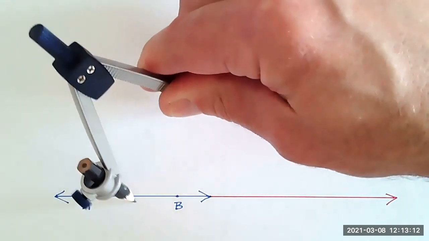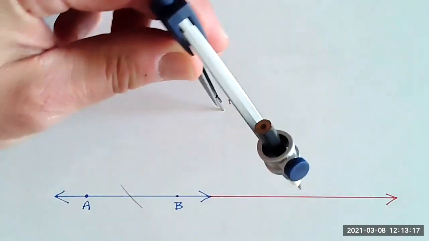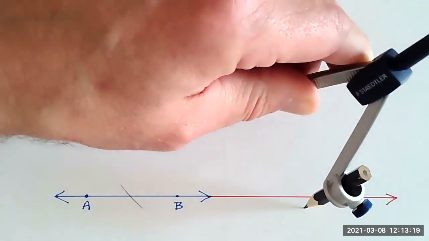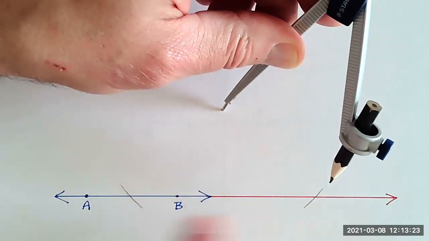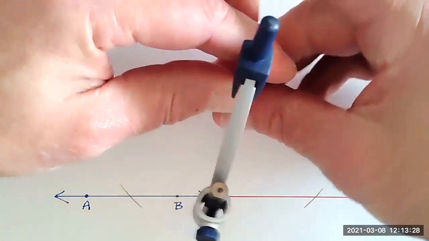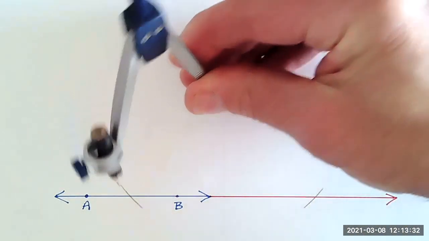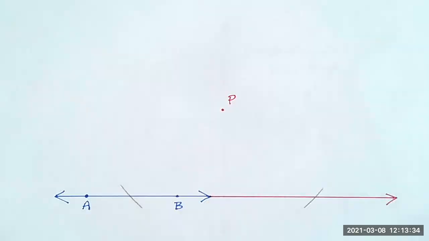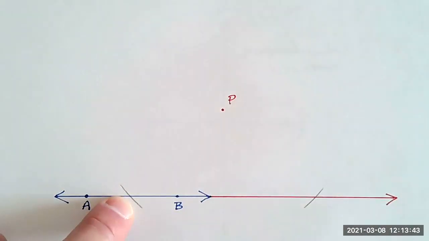I'll make one arc on the line here and another arc on the other end of the line. Both arcs are equidistant from point P. I'll go back and make sure that it hasn't moved. These two points, the intersections of the arcs and the line, and P, are equidistant.